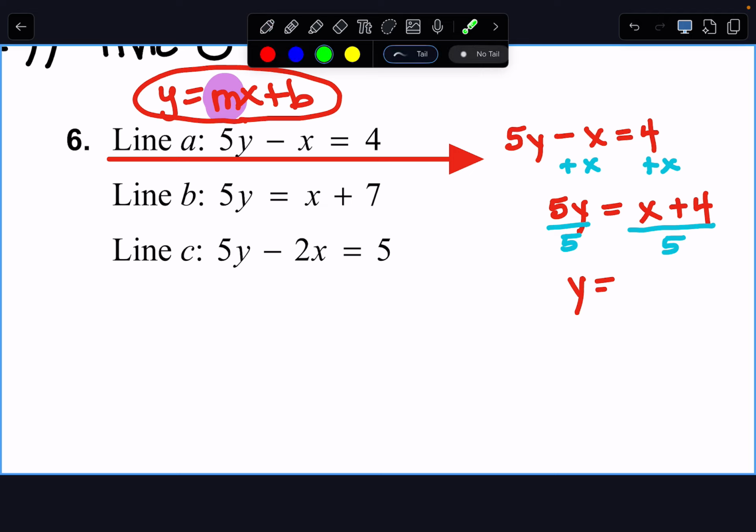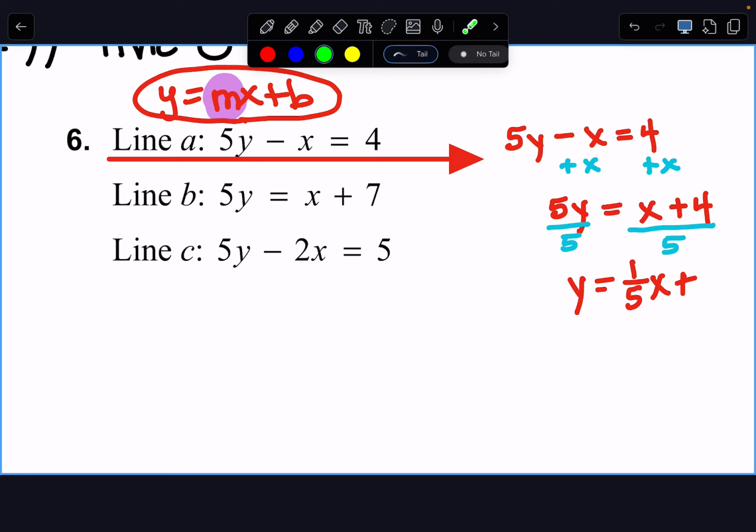So I can take x divided by 5, and then I can take 4 divided by 5. Now, question, should I write it as x divided by 5, or what's a different way I could write that? 1/5 x. I think writing this as 1/5 x might help us more figuring out our slope.